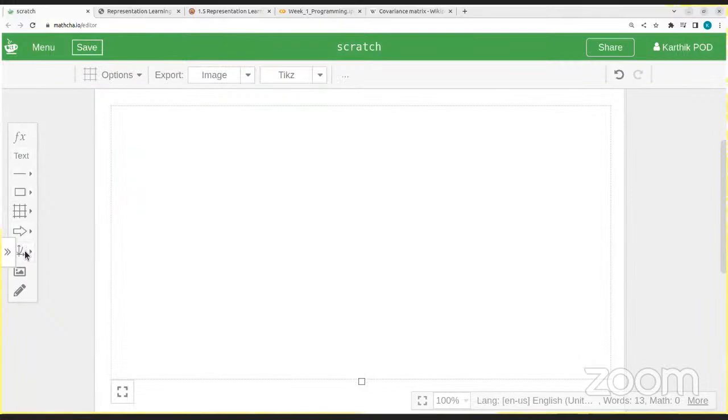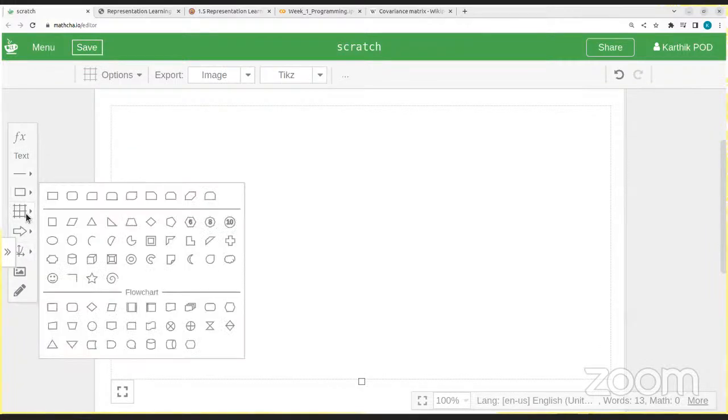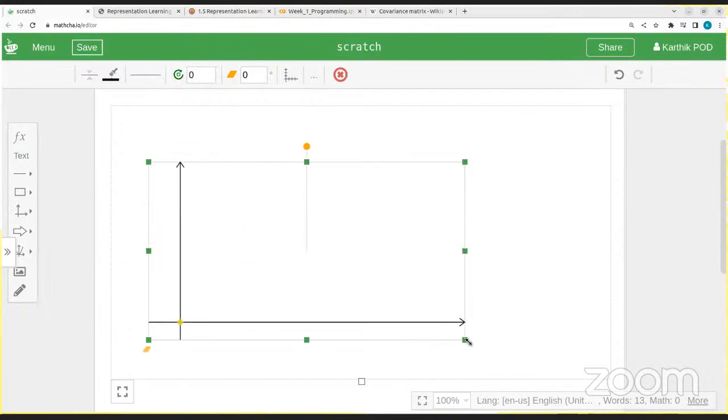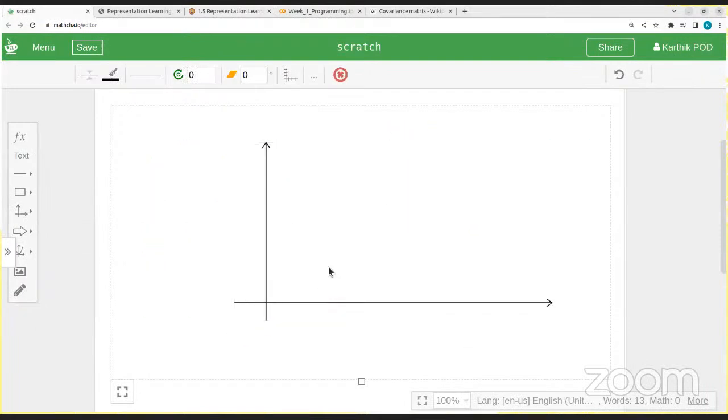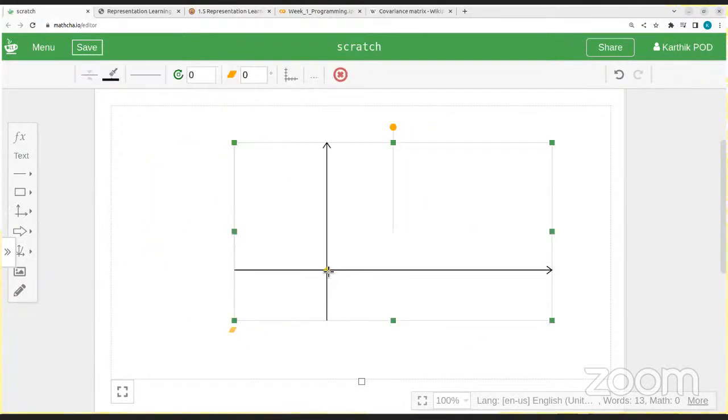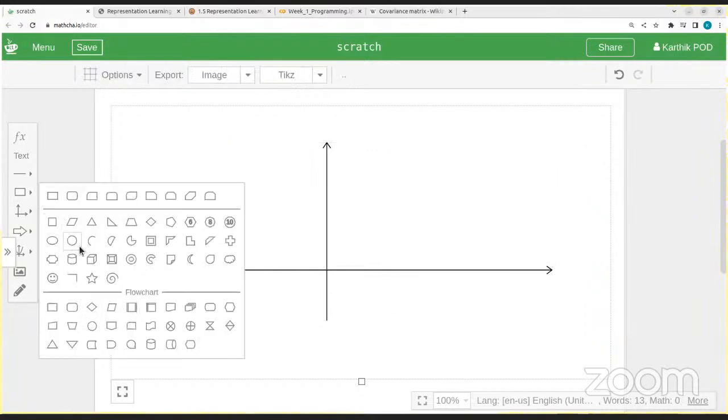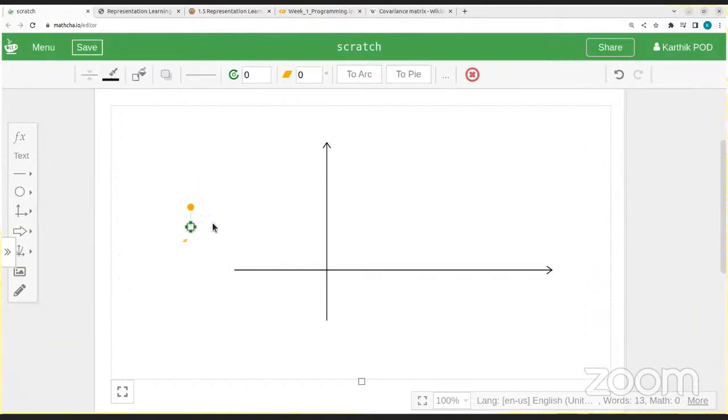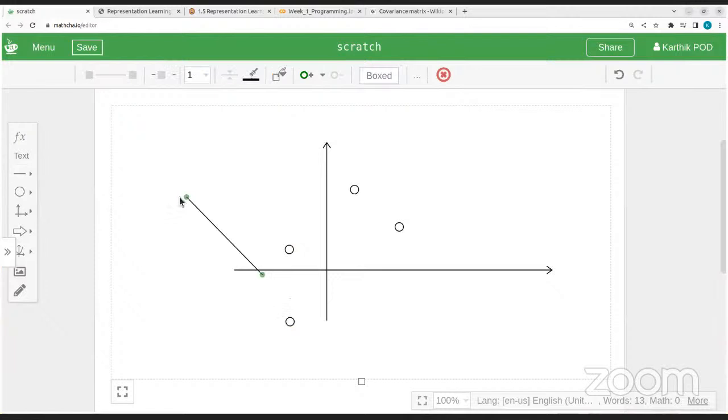If we have an axis like this, and let's say you have a bunch of points, say like this. I'll just take 4 points and have some kind of a line that goes through these 4 points.